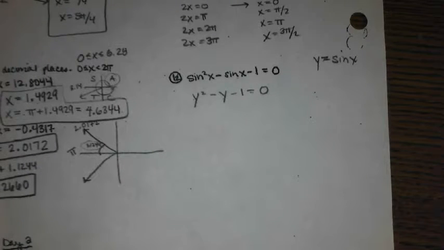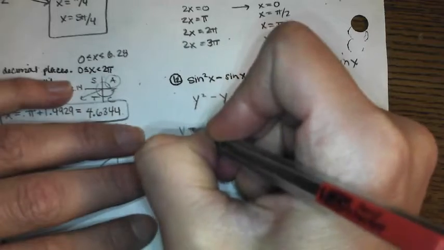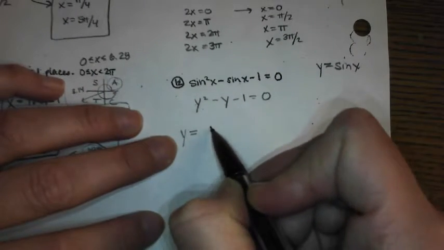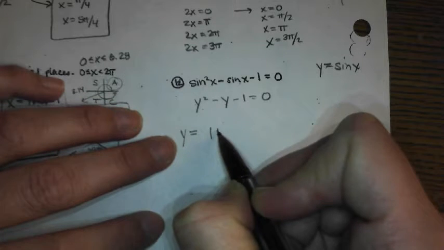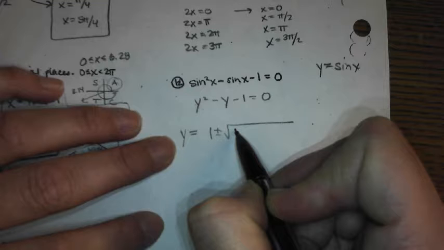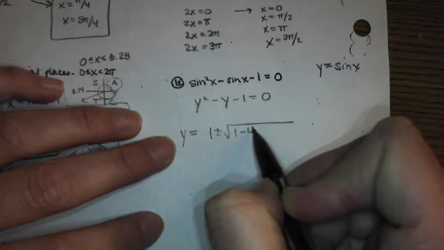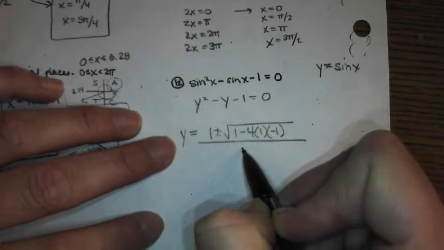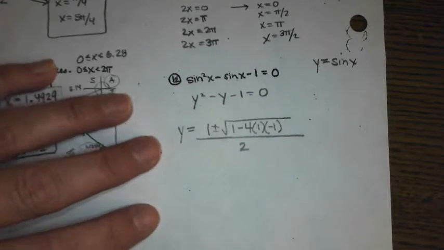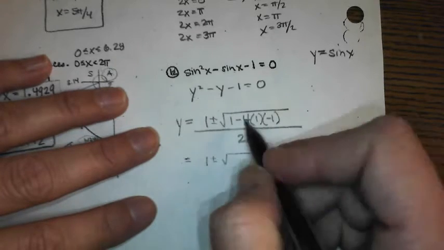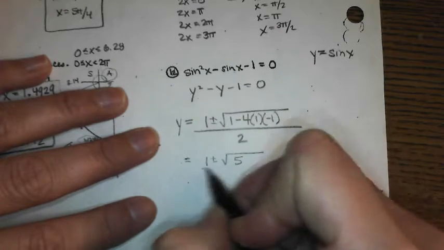So y equals, what's my negative b? What's the opposite of b? 1. Plus or minus the square root. What's b squared? What, minus 4 times a of 1 times c of negative 1. All over 2a, which is just 2 here. So this is 1 plus or minus the square root of 5 over 2.